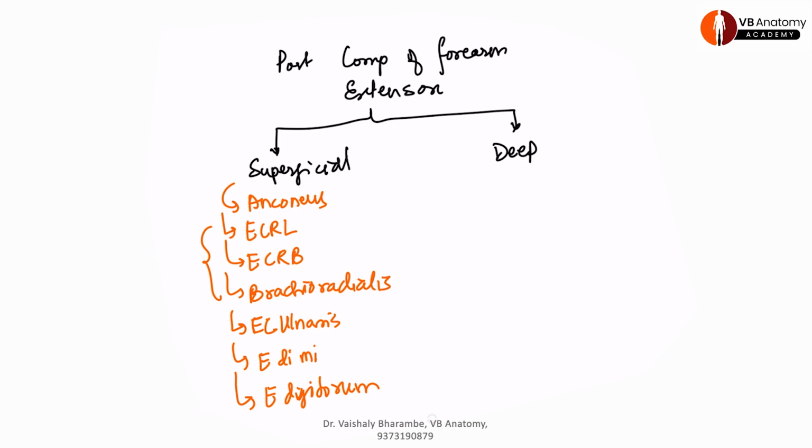Now let's talk about the deep group of muscles. The deep group of muscles are supinator, extensor pollicis longus, extensor pollicis brevis, and abductor pollicis longus.